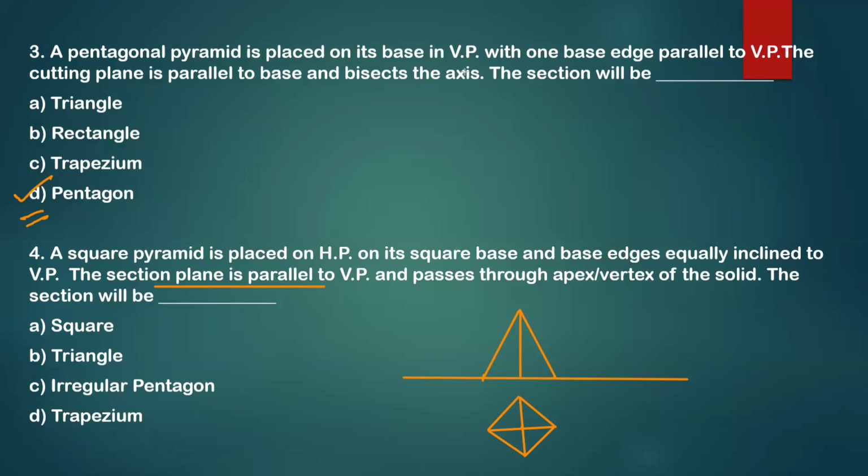Now, as they have mentioned, the section plane is parallel to the VP and passes through the vertex. Where is the vertex? Suppose we mark this as the vertex, O dash, and in the top view we will get O. As the cutting plane is parallel to the VP, how will it be?